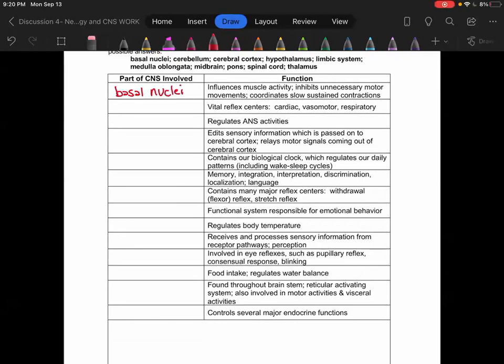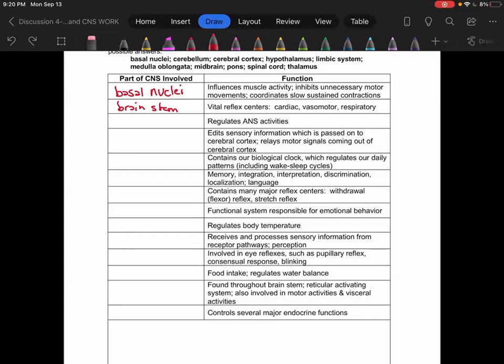Whenever we look at the vital reflex centers, the cardiac, vasomotor, and respiratory, what this is talking about is the brainstem, so the medulla and pons. Regulating that autonomic nervous system, that's going to be the brainstem as well.